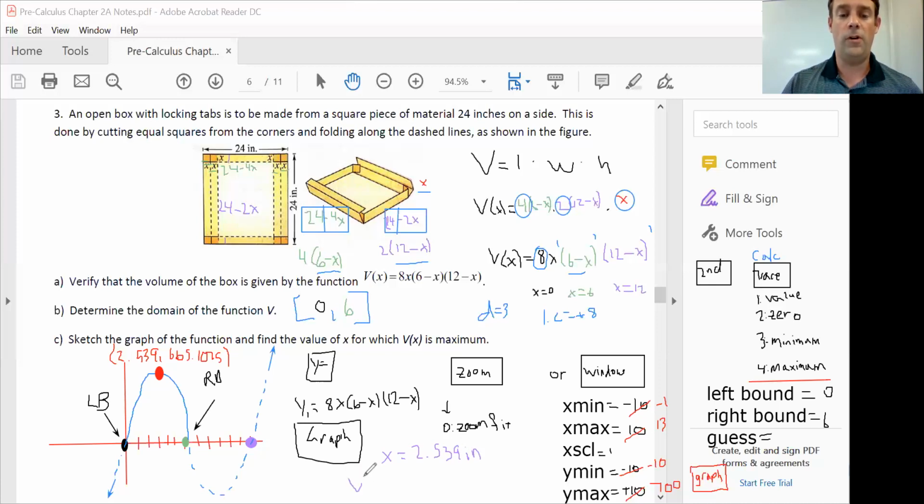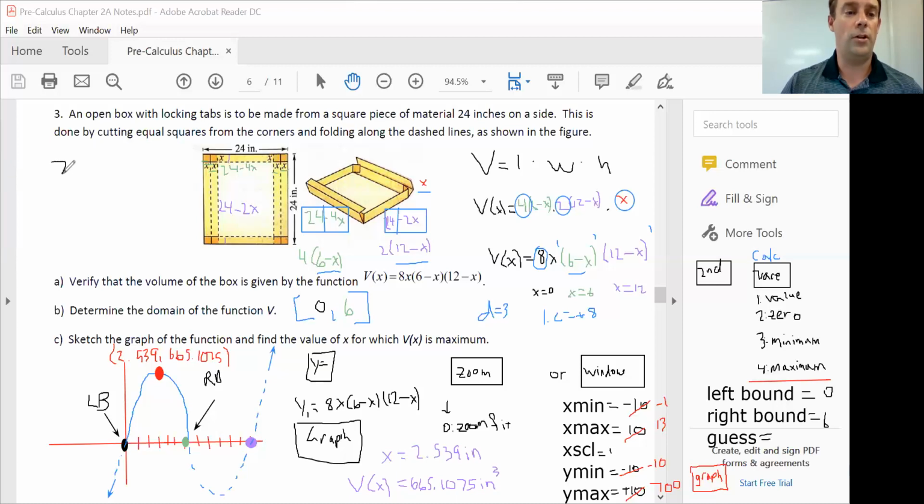And the maximum volume then would be that Y value of 665.1075 inches cubed.